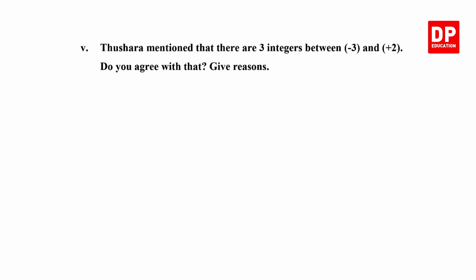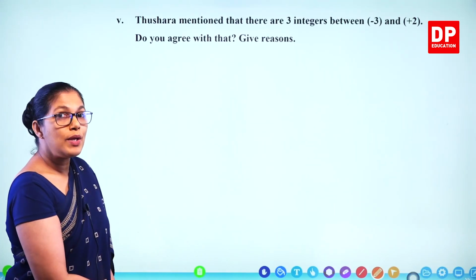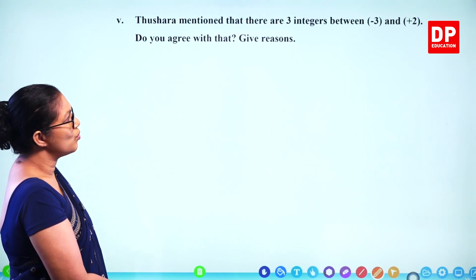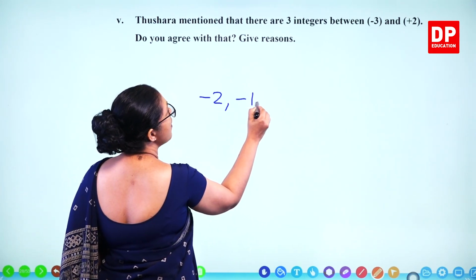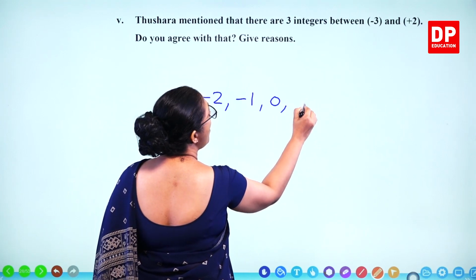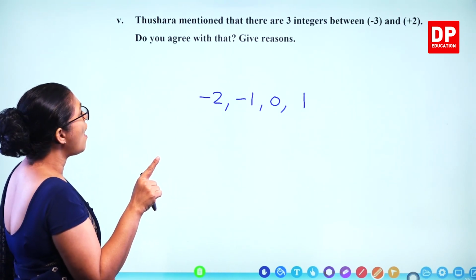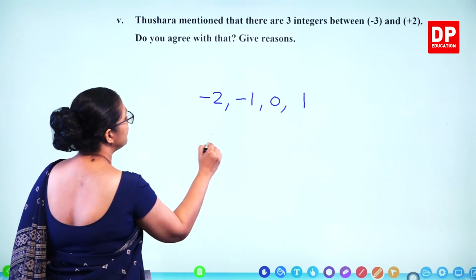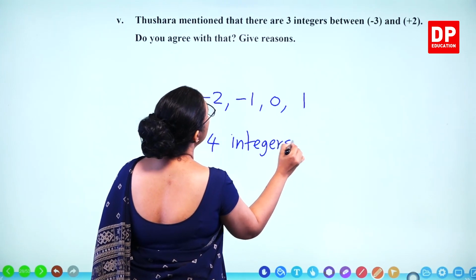Tushara mentioned that there are 3 integers between minus 3 and 2. Do you agree with that? Give reasons. In between. So between means you can't take minus 3 and 2. So what's the next number? You get minus 2, minus 1, 0, 1. You can't write 2. So how many integers are there? 4 integers are there. Not 3.